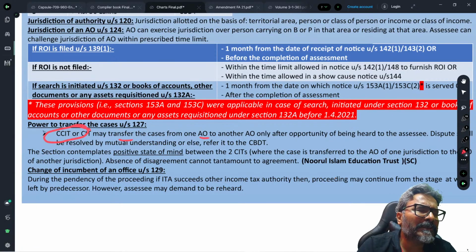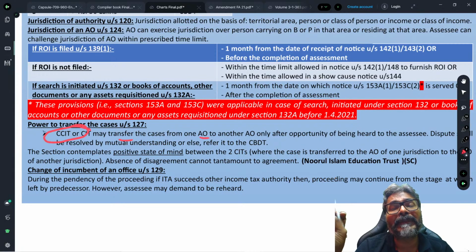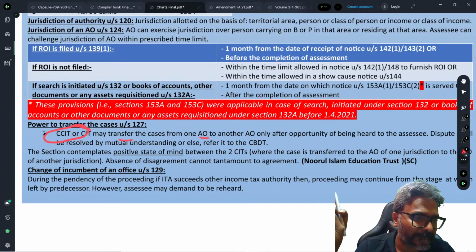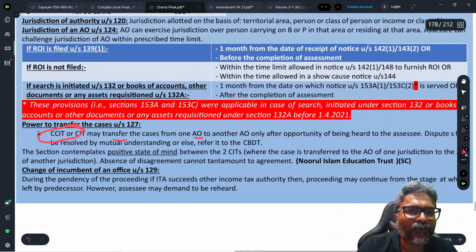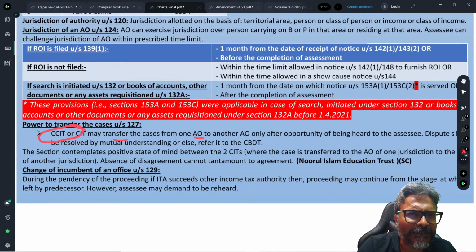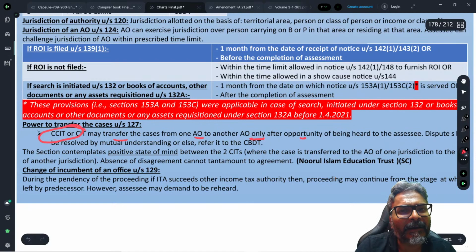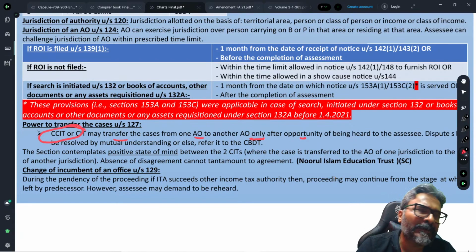But be careful, students. If the other AO to whom the case is transferred is from another city, then such a transfer can only be done after the opportunity of being heard has been given to the SSC.